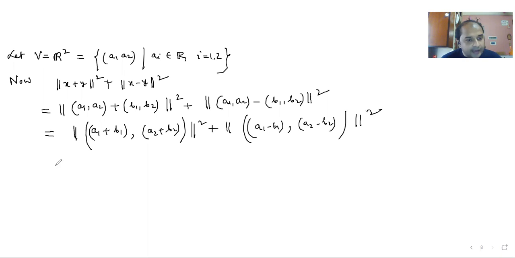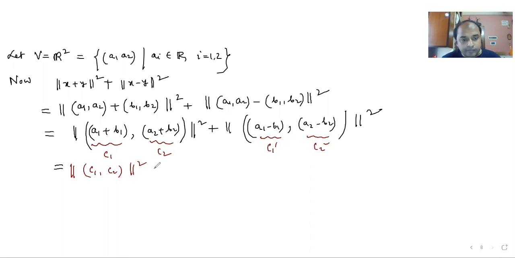Okay, and in place of a1 plus b1, you can imagine this to be c1, this to be c2, you can imagine this to be c1 prime, this to be c2 prime. So actually we have got norm of (c1, c2) squared, and norm of (c1 prime, c2 prime) squared. And what is this?